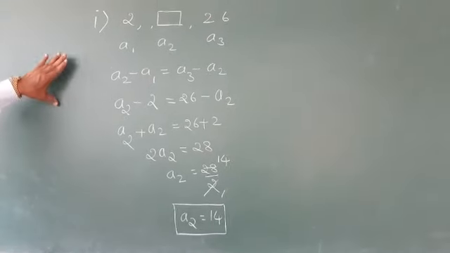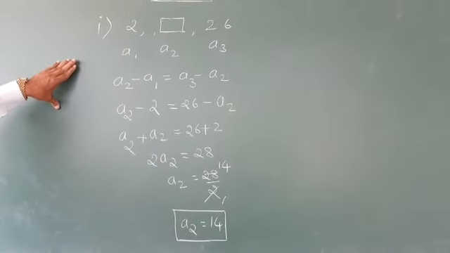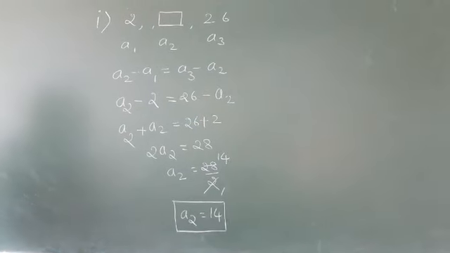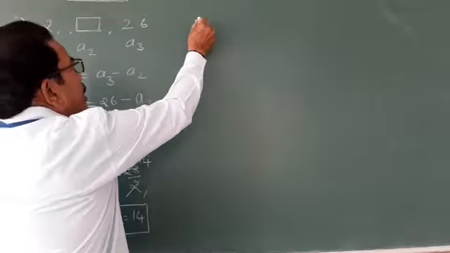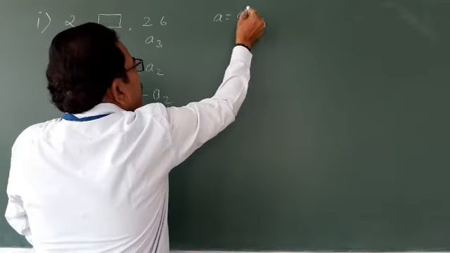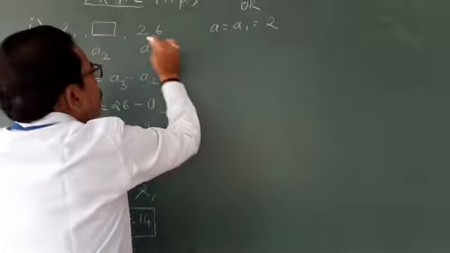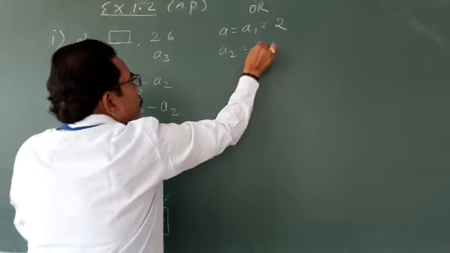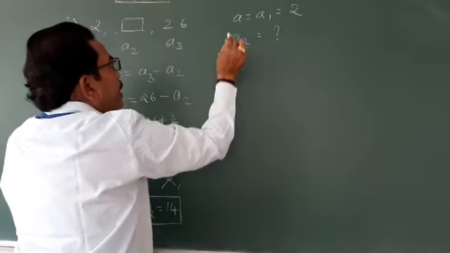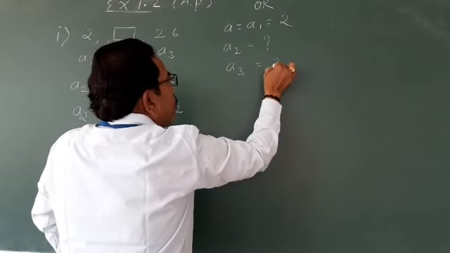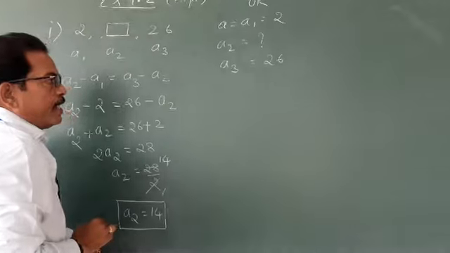This is one method. You can solve this by another method, using the nth term formula. We know A1 equals 2, A2 we do not know, and A3 equals 26.